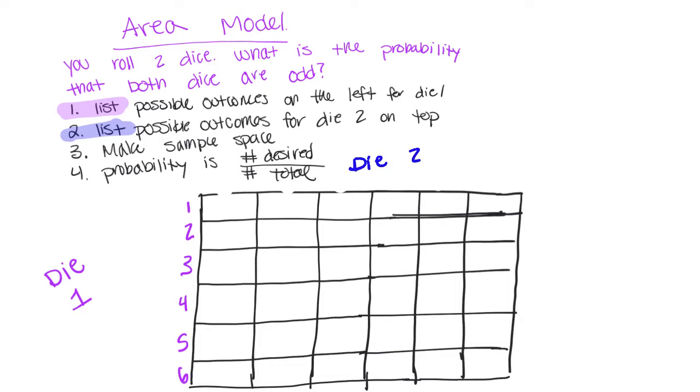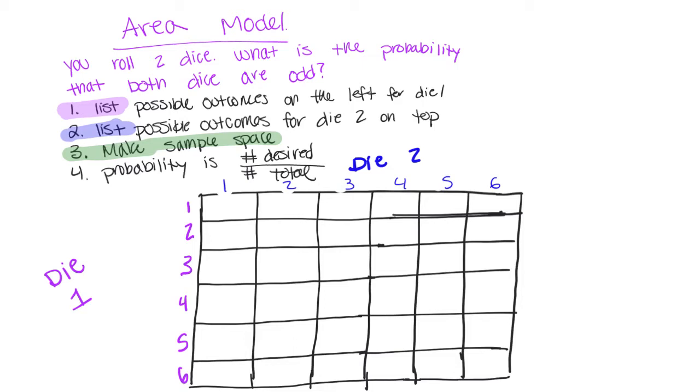It has the same possible outcomes: 1, 2, 3, 4, 5, or 6. Then my step 3, I'm going to make this sample space, which is the total number of combinations.